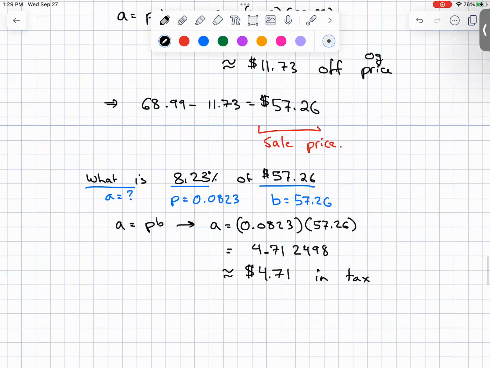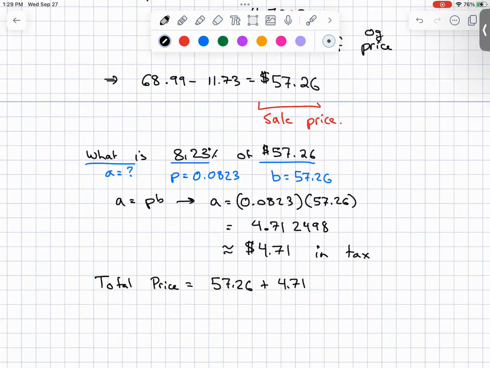So the total price will be that $57.26 plus that $4.71. So the total price will be $61.97.